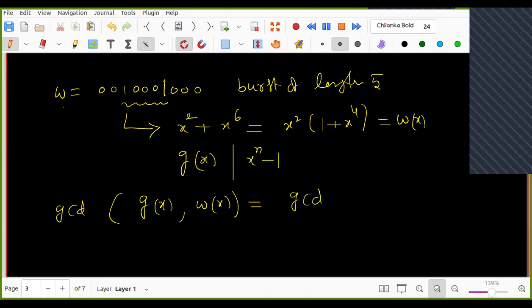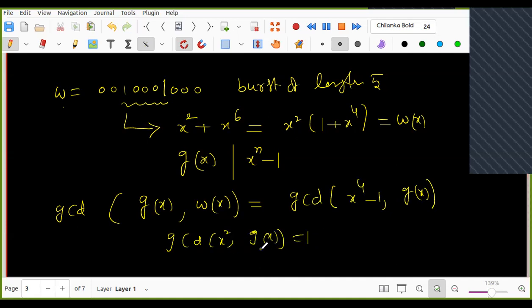It is simply GCD of x power 4 minus 1 comma G of x. Do you agree? Because GCD of x square comma g of x is equal to 1. There are no common factors for x square and g of x, correct? So I only consider this portion, that is x power 4 plus 1, or 4 minus 1, which is the same.